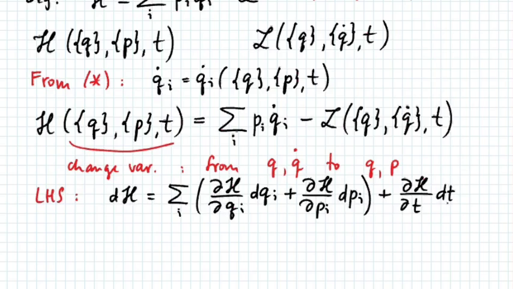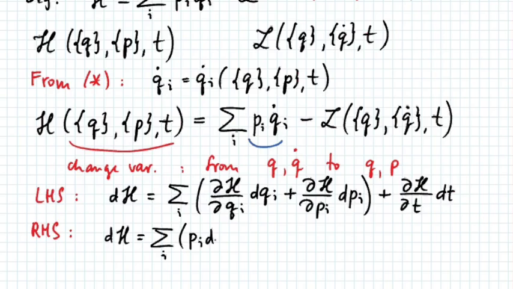Now let's do the same for the right hand side. So here we'll have a few more terms. The first term, p sub I times q sub I dot, is going to give us two terms.